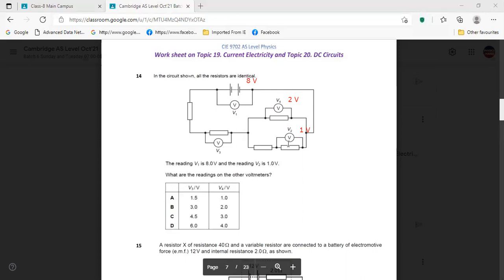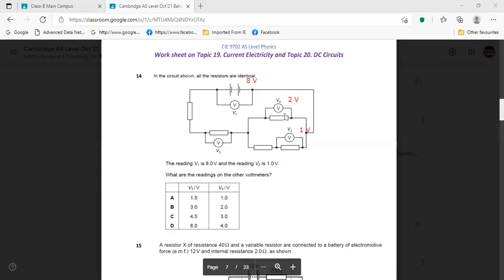Because they are saying it is identical. So if V2 is 1 volt, then the resistor beside it also will have 1 volt. So 1 volt and 1 volt, 2 volt, right? Then if these two are giving you 2 volts, then parallel to this, V4 should also be 2 volt. Is it clear? Yes.